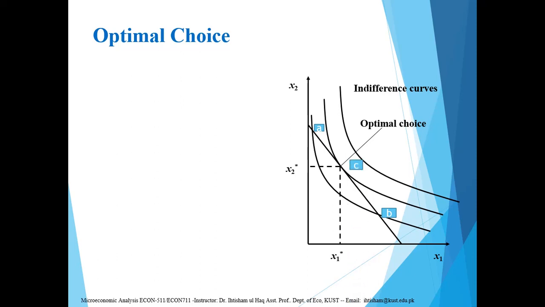So the only attainable level of satisfaction that will be higher in this case is point C. So if the indifference curves are convex to the origin, at the point of tangency we will have the optimal choice or consumer equilibrium.